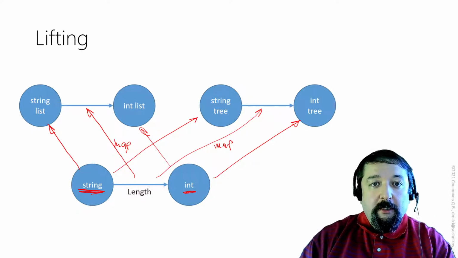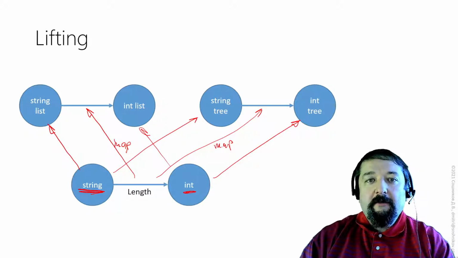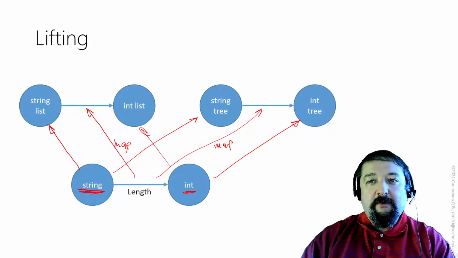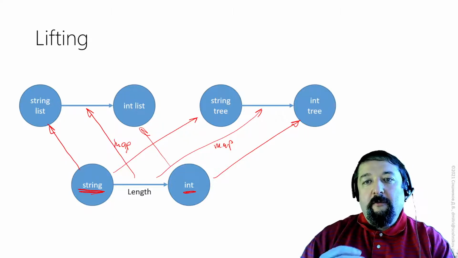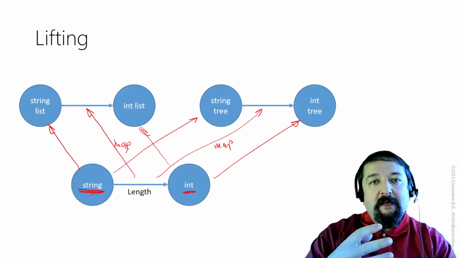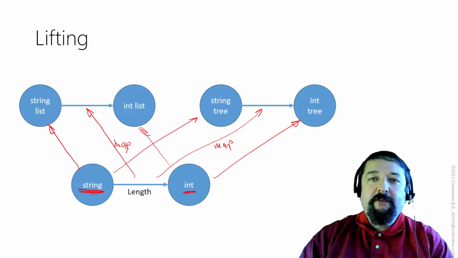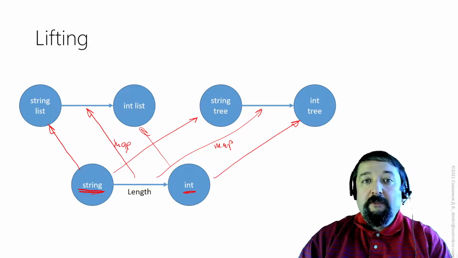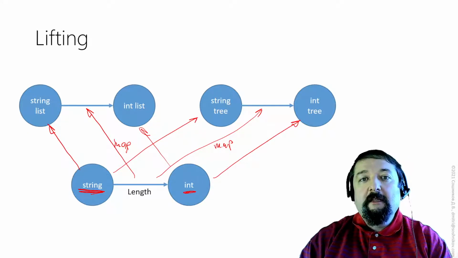And as we will learn later on in category theory, it is called the functor. A functor can be applied to any type. So in this case, list is a functor, and from any type we can build a list of this type, and from any function between two types we can build, using the map operation, the function in the functor domain. And tree is another functor.